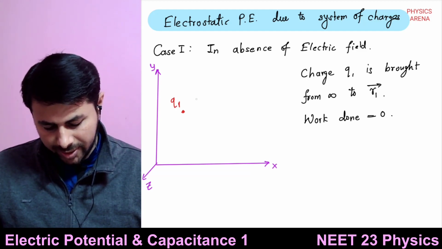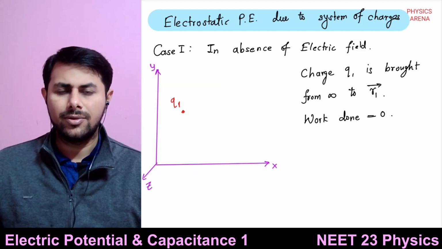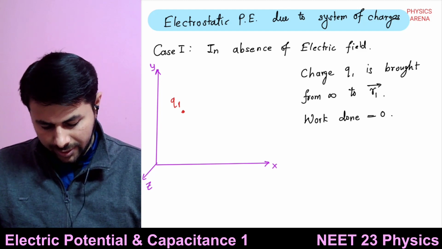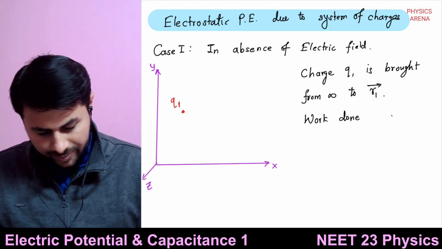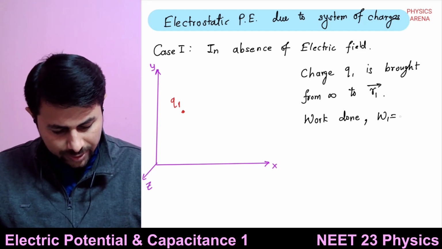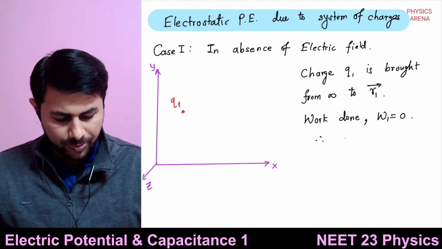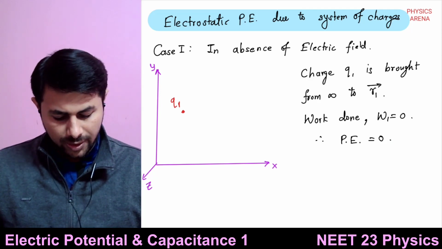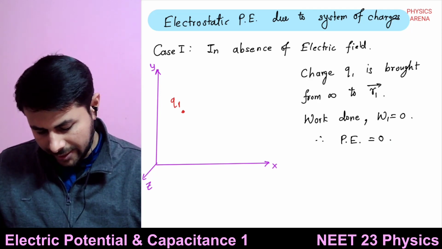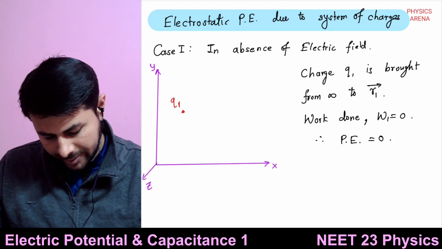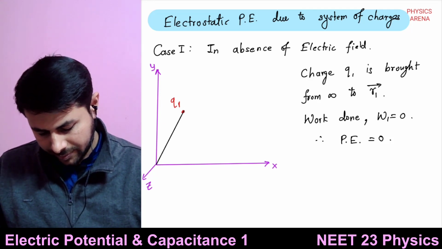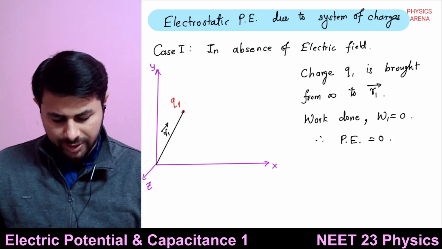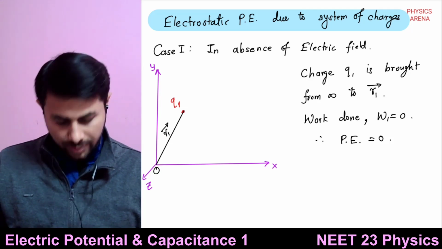So how much is the potential energy of this system? Potential energy is 0, right? Let's call this work done W1. So W1 is equal to 0, and therefore potential energy is right now equal to 0. This charge Q1 is kept at some position vector, let's call it R1 bar, with respect to some origin O.